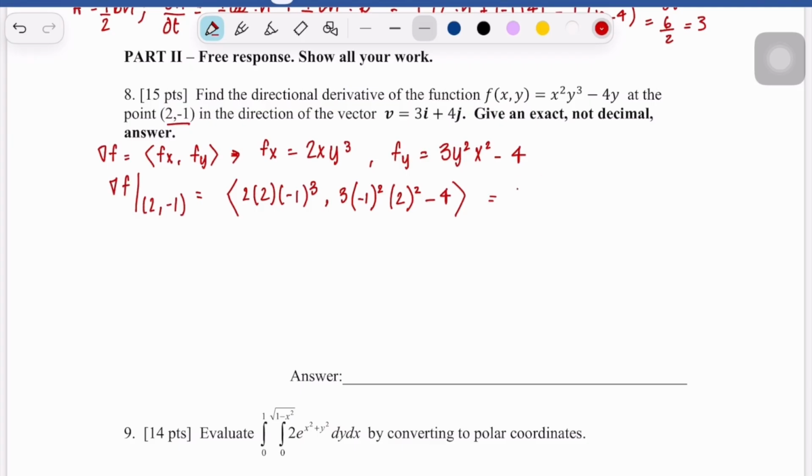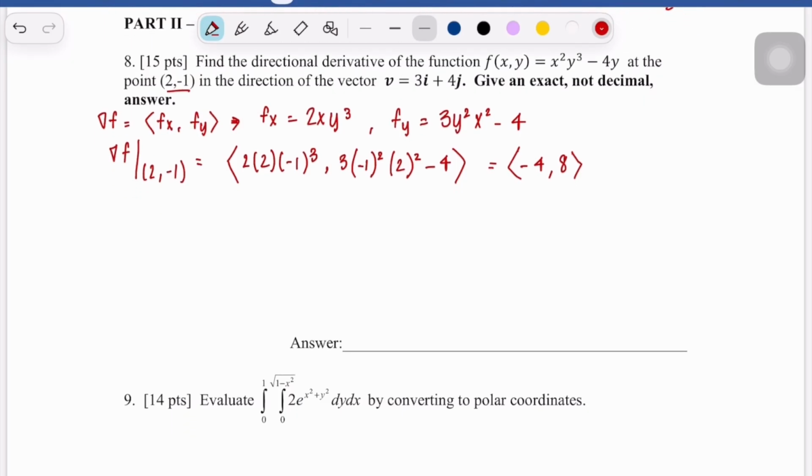And this is going to be 2 times 2 times -1, so -4. And this will be 3 times 1 times 4. So 3 times 4, that's 12, and 12 minus 4 is 8. Okay, so this is the gradient at this point.